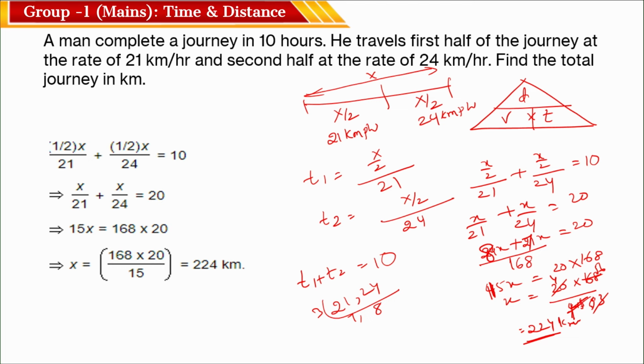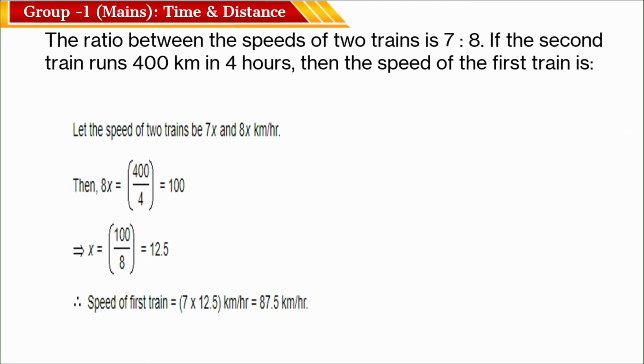Clear? Okay. Now, we will see the next question. The ratio between the speeds of two trains is 7:8. The second train runs 400 kilometers in 4 hours. Then what is the speed of the first train? So, here the ratio of the speeds is given as 7:8. Generally, when the ratio is given, we say the speeds of the trains are 7x and 8x, correct? Okay.